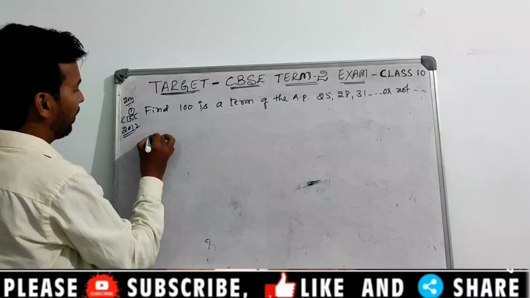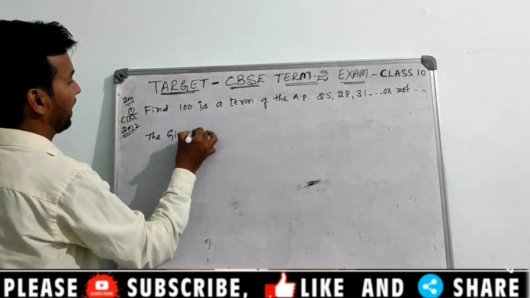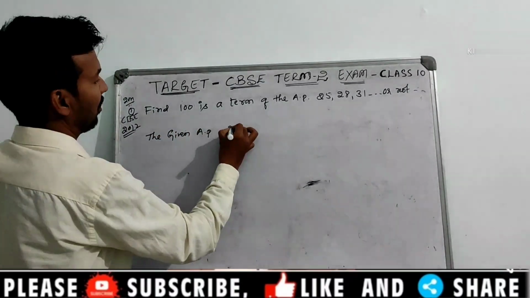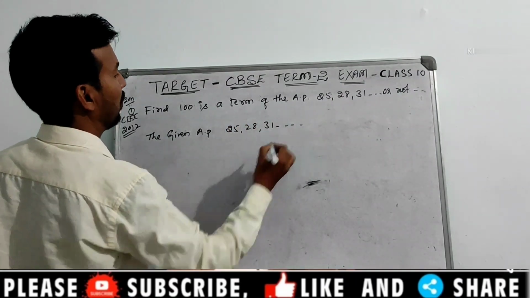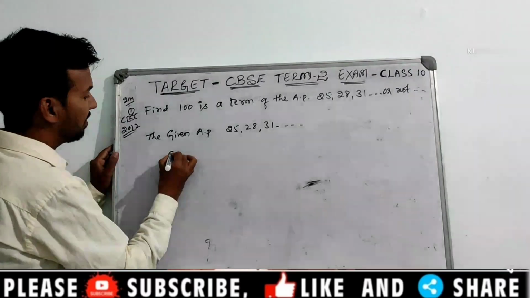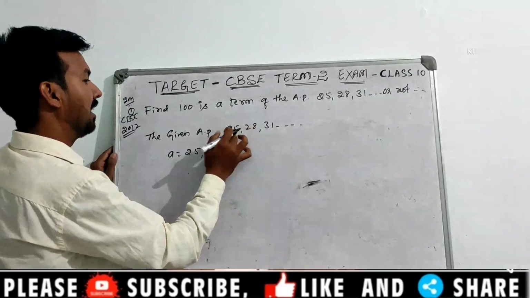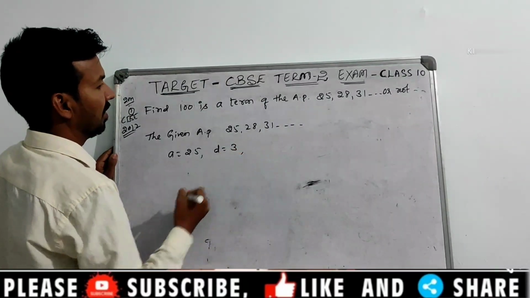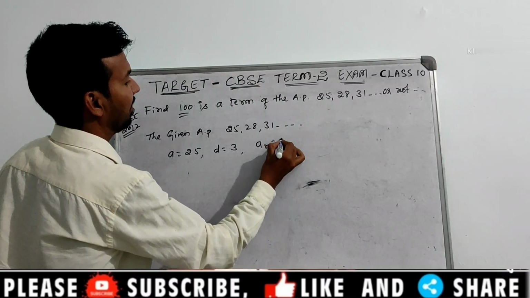Here the given AP is 25, 28, 31 and so on. Here a is how much? 25, and then d is 28 minus 25, we get 3. Here an is given as 100.